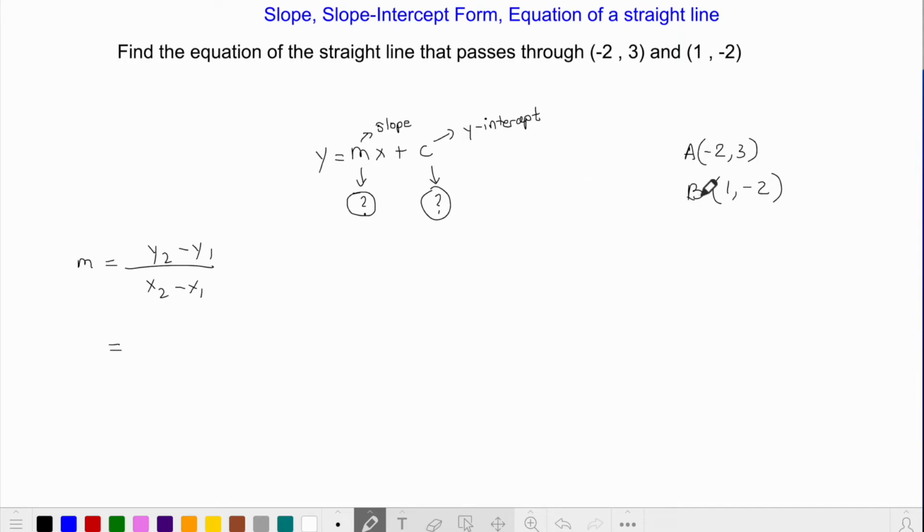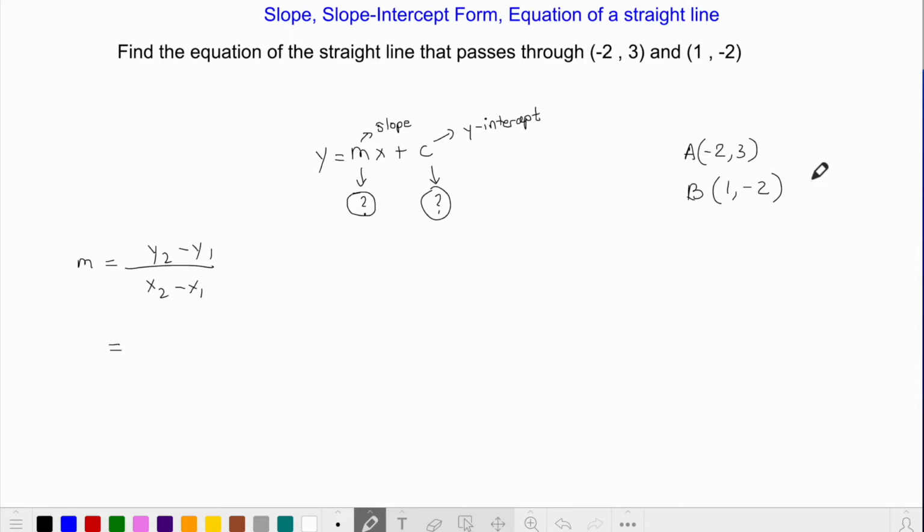It doesn't matter which point you give x1, y1 and x2, y2.